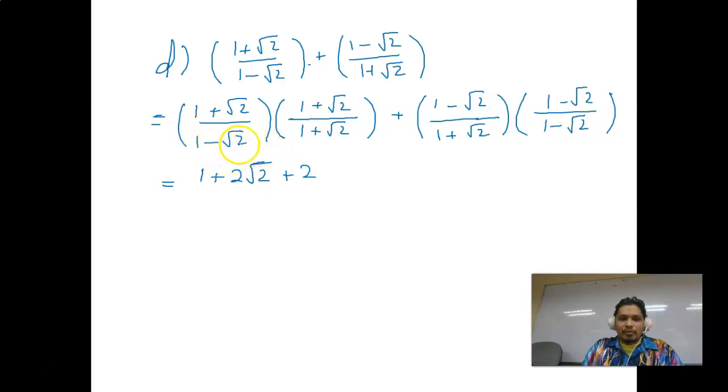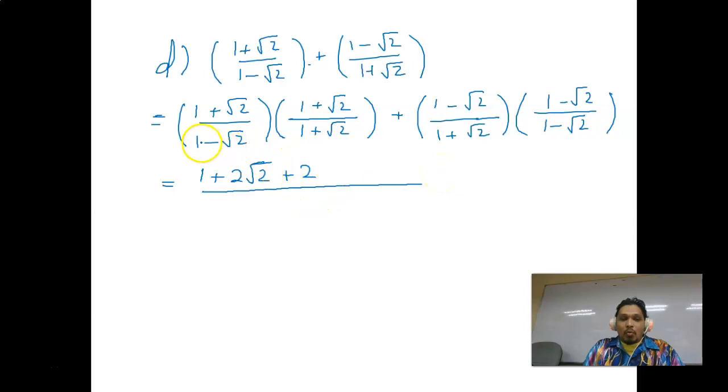1 minus square root of 2 multiplied with 1 plus square root of 2, 1 plus square root of 2 multiplied with 1 minus square root of 2. I think that for both denominators, they will give you the same result, because actually both are conjugates of each other.